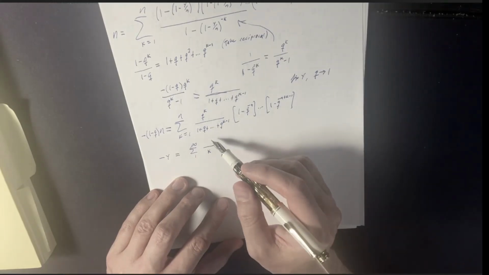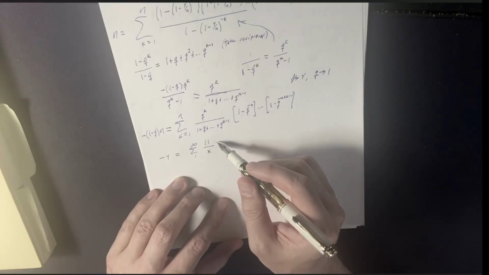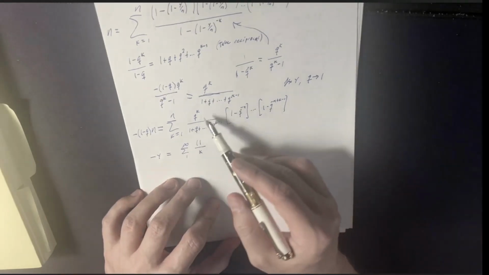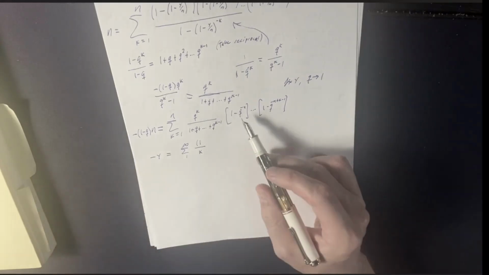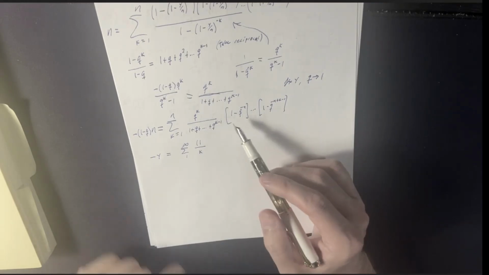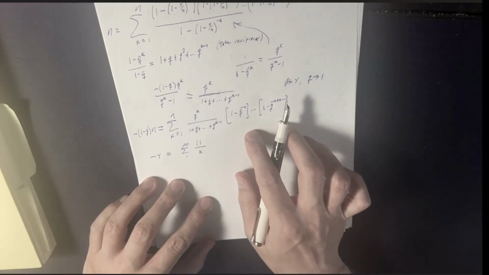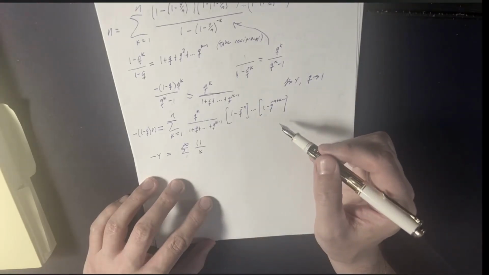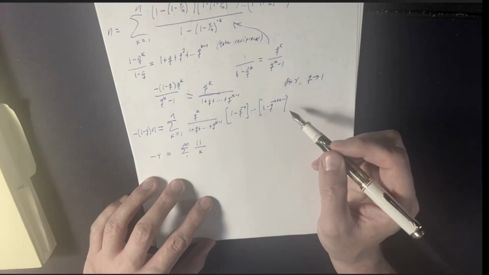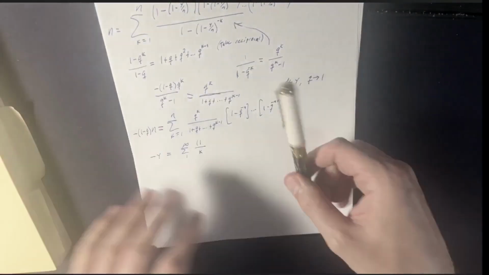Upstairs you get like 1 minus e to the y to the k. So yeah, there's a little more going on. I think this distributed, so you can afford to distribute this q to everything. Anyway, I'm pretty sure this is 1 minus e to the y, yep, to the k.